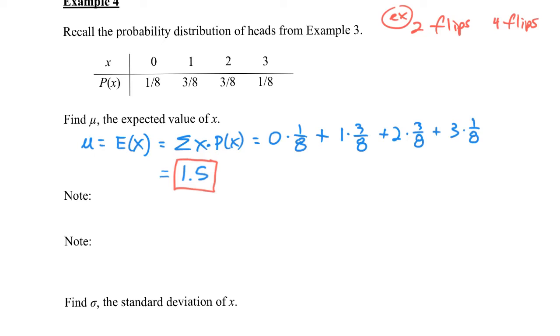So here we've got the same thing, but we're going to flip a coin 3 times. And again, the expected value of the number of heads is half that many, right? 1.5. So in these 2 cases, when I said 2 flips, you said the most likely would be 1 head, and out of 4 flips it'd be most likely to get 2 heads.